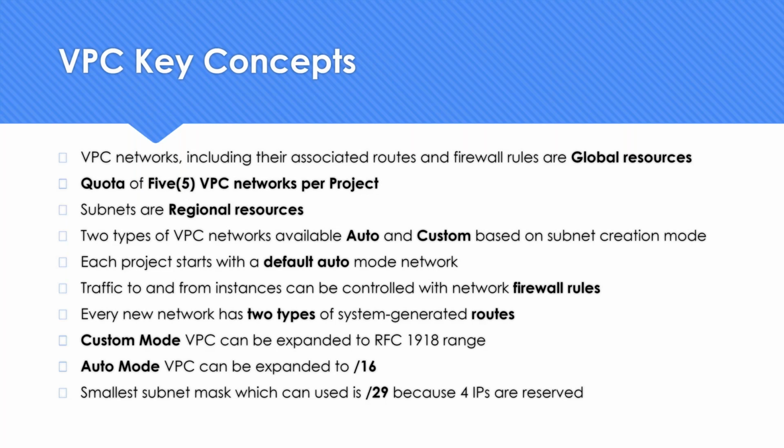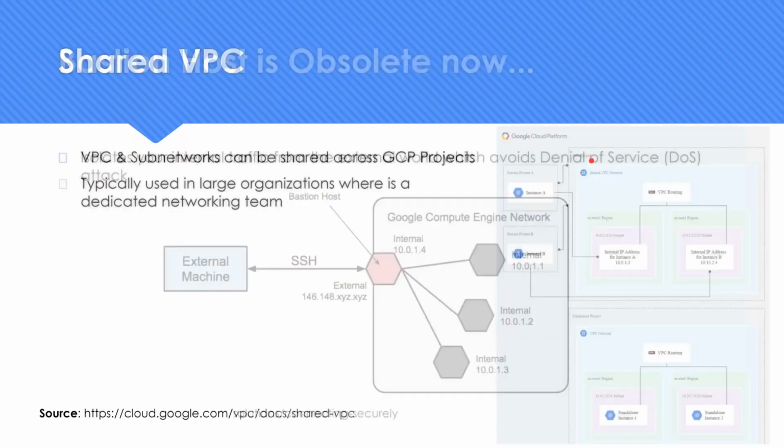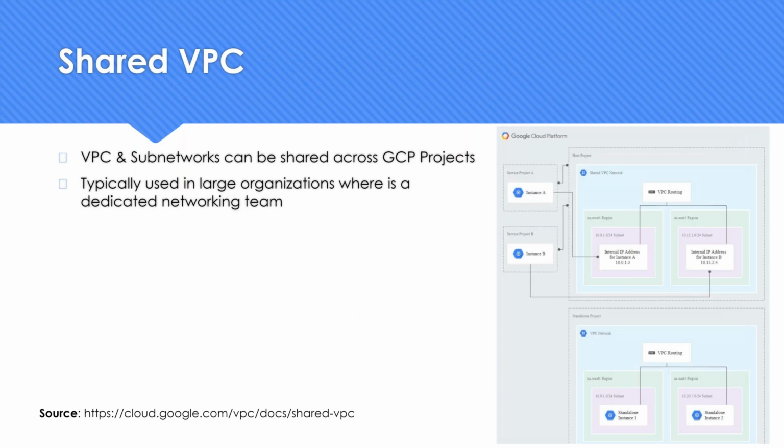So you need to have some kind of a centralized system where there is a dedicated team of network experts who can do this for us, because our focus is more on having a website, a database, something of that sort. Our focus is not on network. So just leave the best part to the experts who can do it. If you were to have something of that sort, you will use something called a shared VPC.